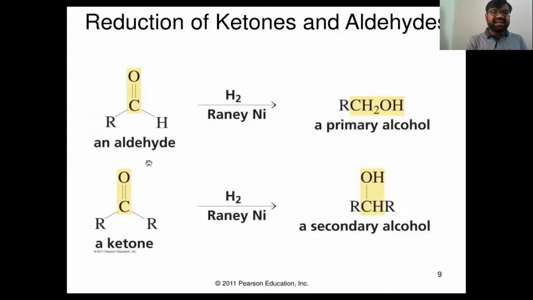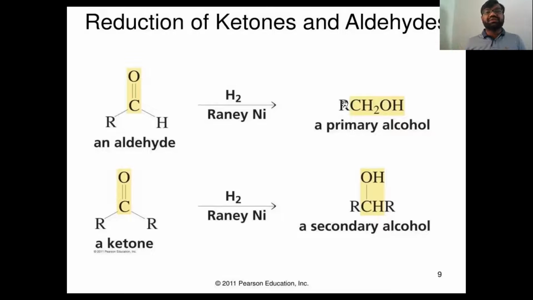If we take aldehyde, in which carbonyl is connected with hydrogen and one alkyl group, then upon reduction with hydrogen gas and nickel, it will form a primary alcohol, in which the alcohol-containing carbon is connected with only one carbon.